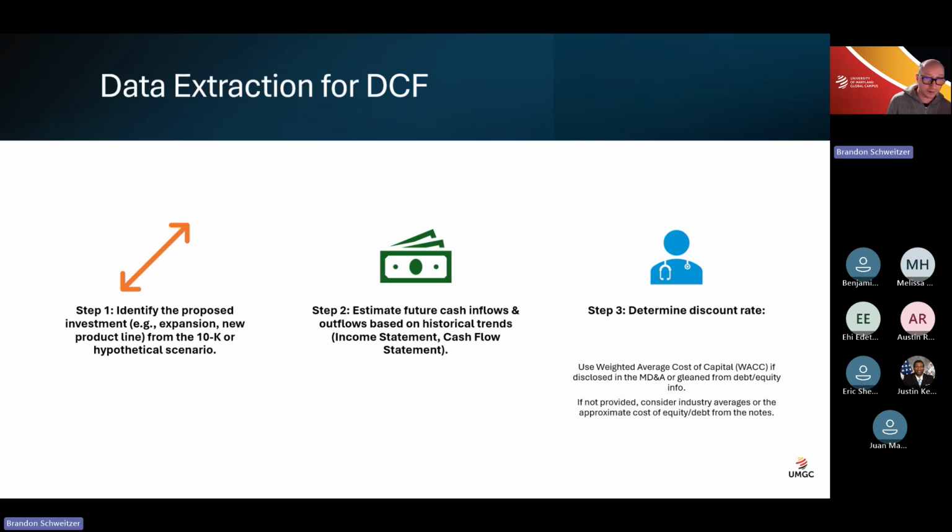Okay, so we can use the weighted average cost of capital model, also known as the WACC. If the disclosures in the management discussion and analysis come from the debt to equity information. If the information is not provided, then we can just use industry averages to approximate the equity and debt from the notes to the financial statements.